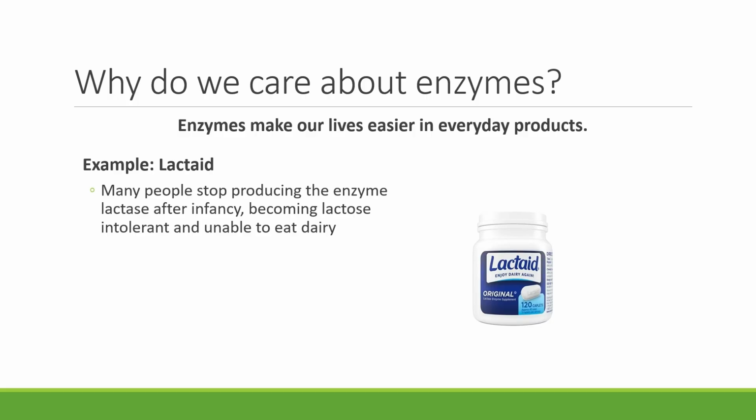Remember, lactase is the enzyme that breaks down lactose, the main sugar found in dairy. And virtually everyone's body makes this enzyme when you're a baby, because when you're a baby, your primary source of nutrition is, of course, milk. But as people age, many people stop making lactase, their bodies stop generating that enzyme, and that makes them become lactose intolerant because their body can't break down dairy sugars.